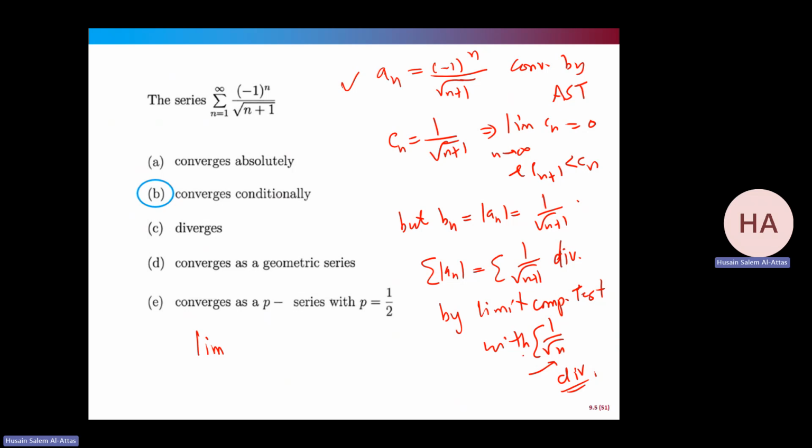Call it d_n, 1 over square root n. So b_n over d_n as n goes to infinity, square root of n over square root of n plus 1, where the limit is equal to 1, positive. So this series diverges by the limit comparison test with this one. So it converges conditionally.